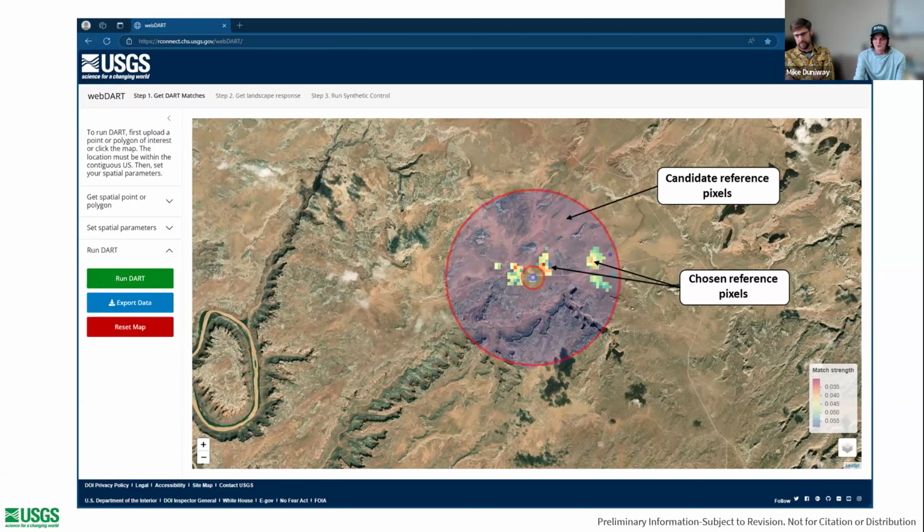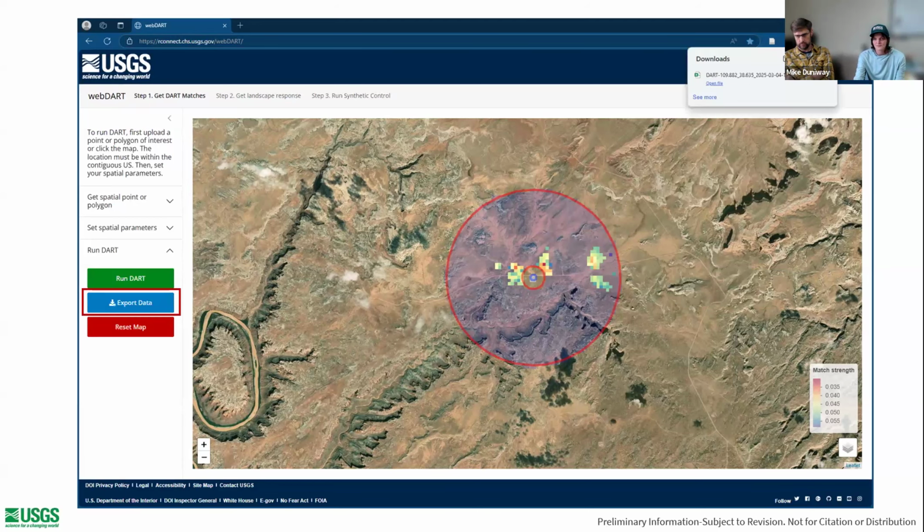You're also informed of the strength of that match between each reference and target pixel. Once you've gotten your matches, you can export these data, which would include spatial information about the target and reference pixels, as well as the strength of the match and information about the variables used to match the pixels together.